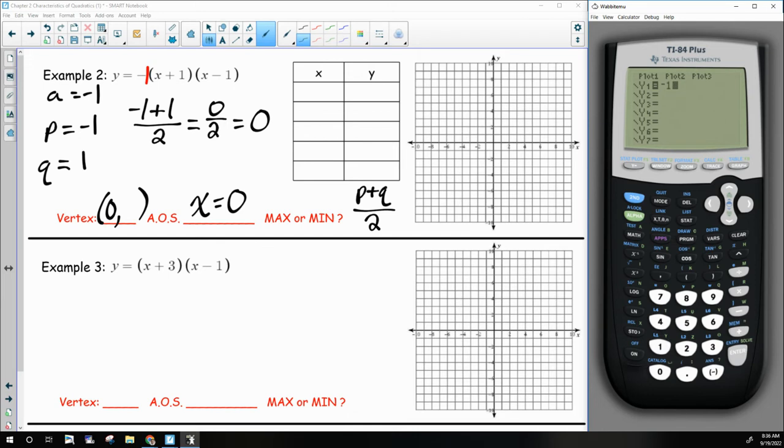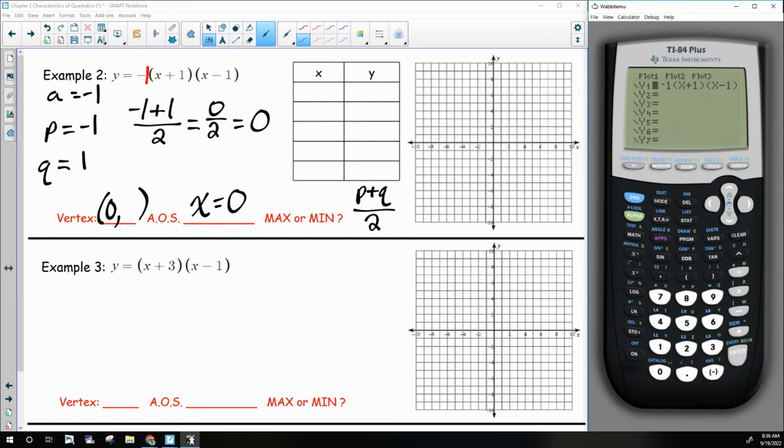-1, again, you can put the 1 or you can leave it out. This time I'll put it. -1, x plus 1, x minus 1. If you ever get an error here, you probably mixed up your minuses and your negatives.